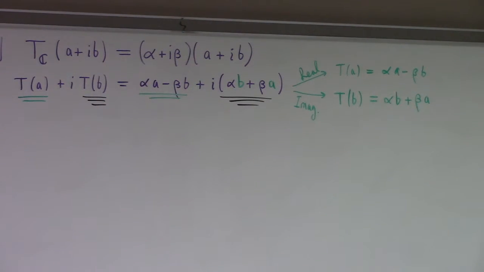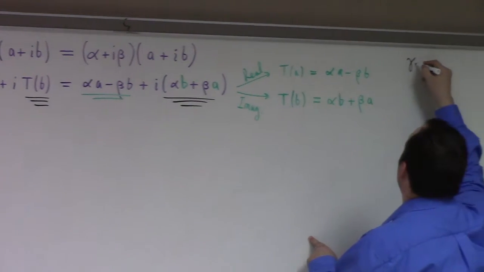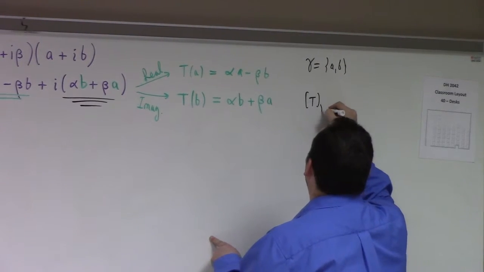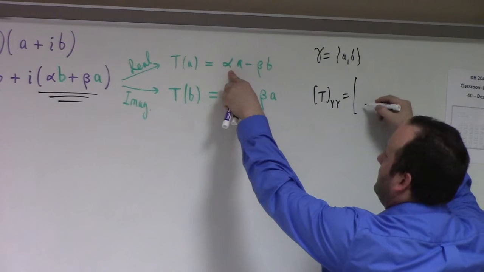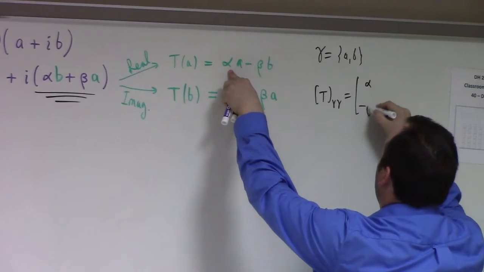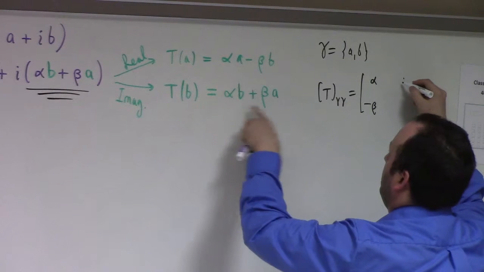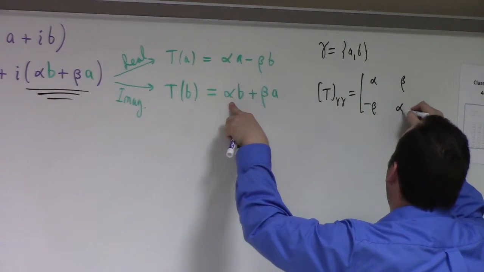But then what? If gamma is the basis, so for gamma equals a comma b, you see what we got? We've got T of gamma. This is the first column, which is alpha minus beta. This gives me the second column as beta, that's the first thing in the basis, and then alpha.